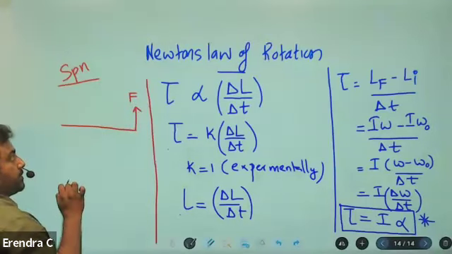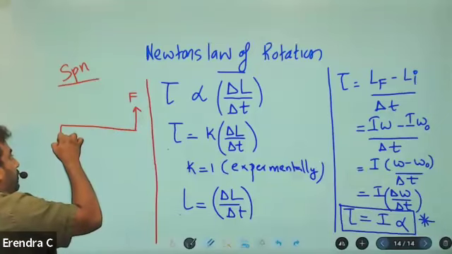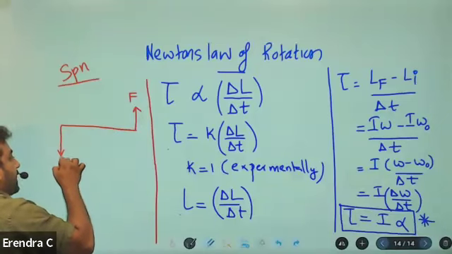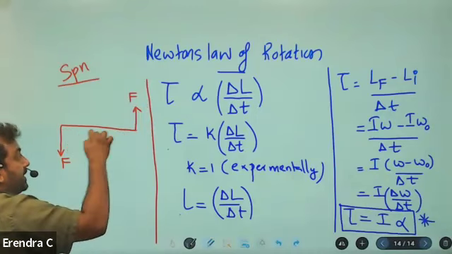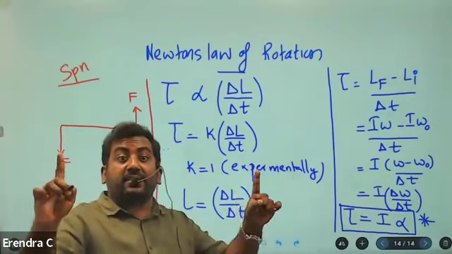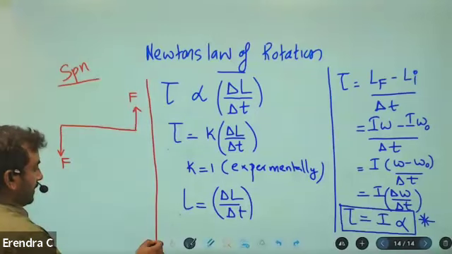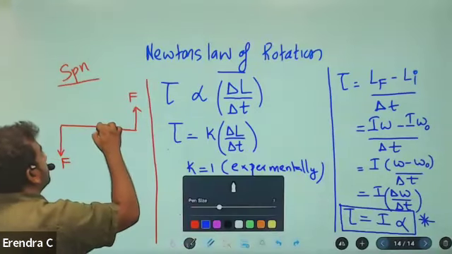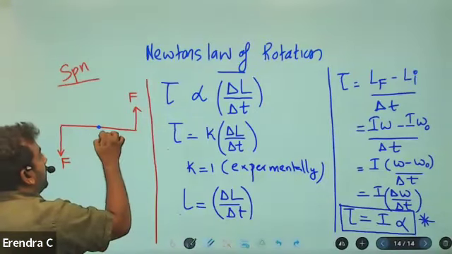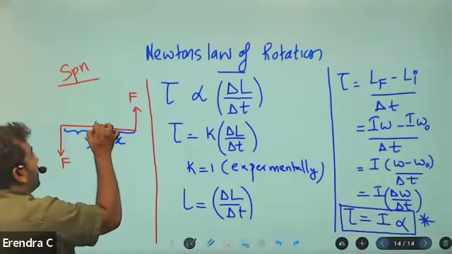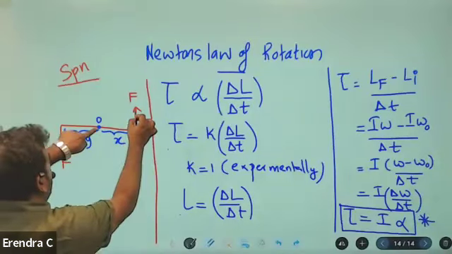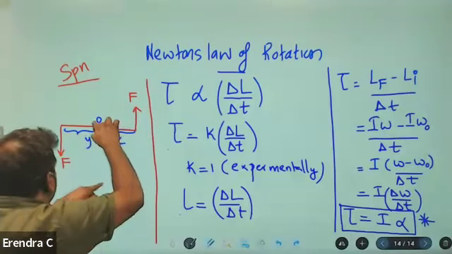If there are equal forces acting in opposite directions, with different lines of action, this distance is X, this distance is Y. Here anti-clockwise, here anti-clockwise.